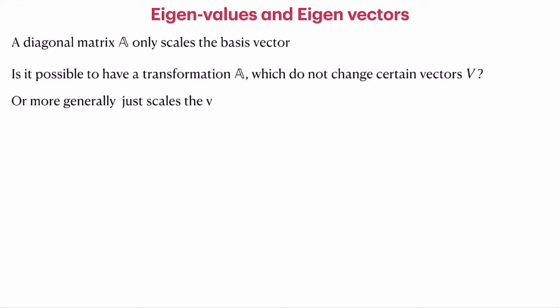So more generally, we can ask: is there a vector which simply gets scaled by a factor lambda, where the direction does not change, only the magnitude gets scaled? Formally such a thing is called the eigenvalue problem, where you have a vector V transformed under a matrix operation, resulting in the same vector scaled by an eigenvalue.